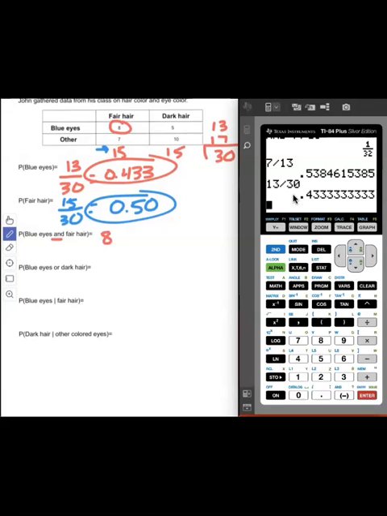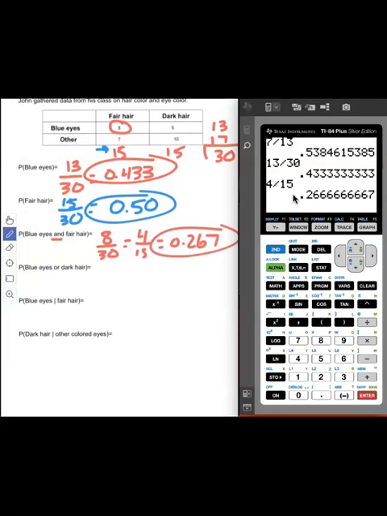So that's just 8 out of 30, which is 4 out of 15. Or to get a decimal, 4 out of 15 is about 0.267. We usually go to that third decimal place and do our rounding there. 26.7%.